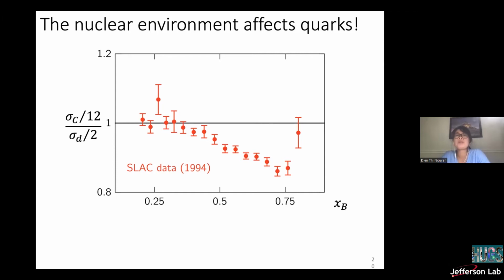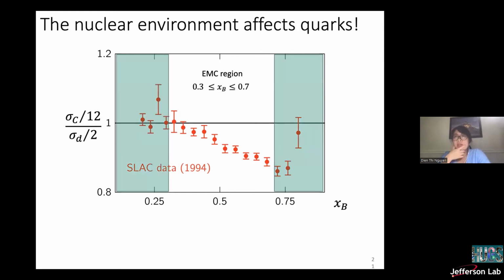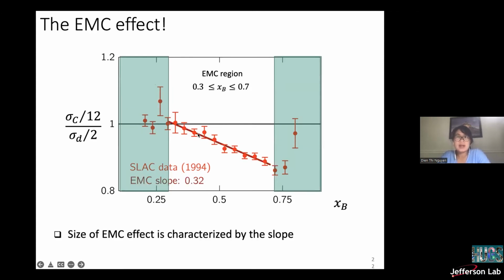So it is different from the expectation that the bound nucleon is the same as the free nucleon. What we define as the EMC effect is the region of x between 0.3 and 0.7. The EMC effect is characterized by the linear slope between 0.3 and 0.7.